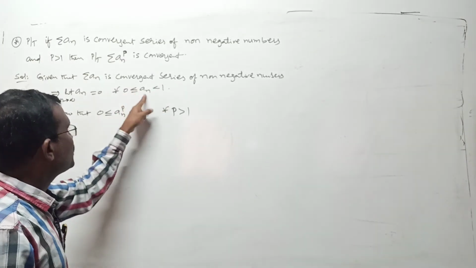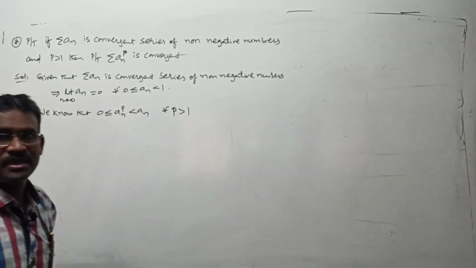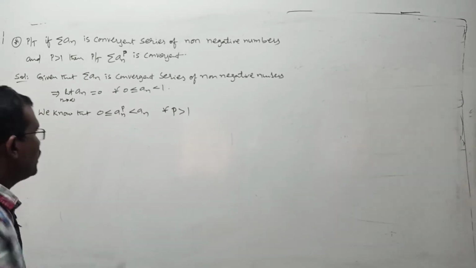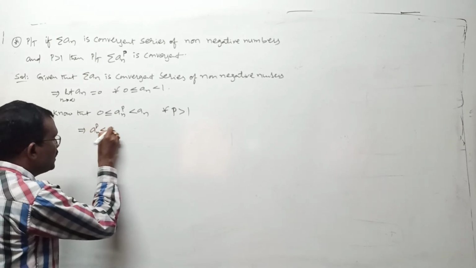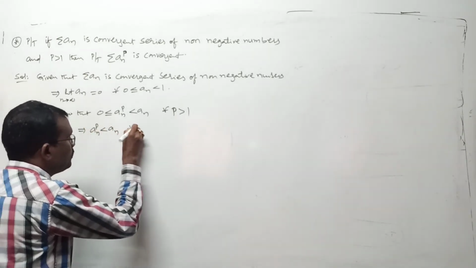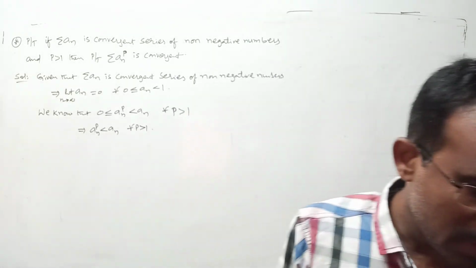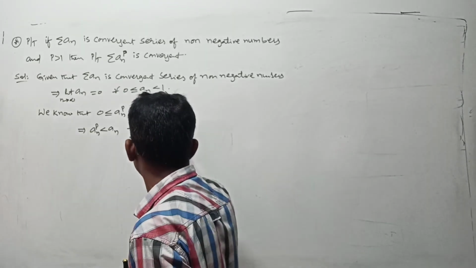Here basically an lies between 0 and 1, so an power p is always less than an, right? Understood? So we got an power p is less than an for all p greater than 1 and n belongs to Z plus, no problem at all.